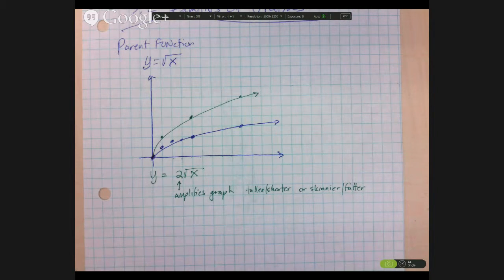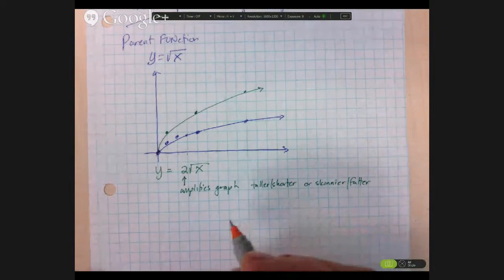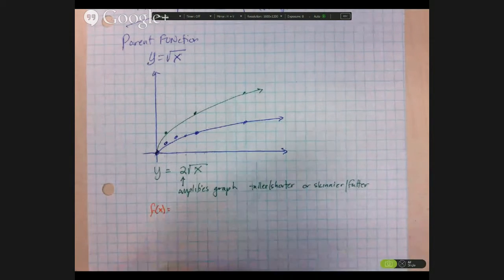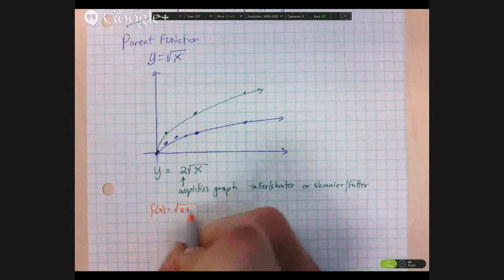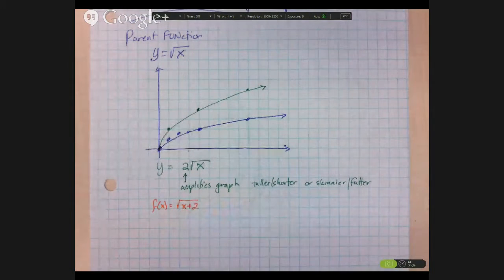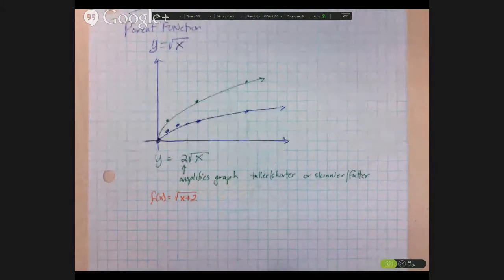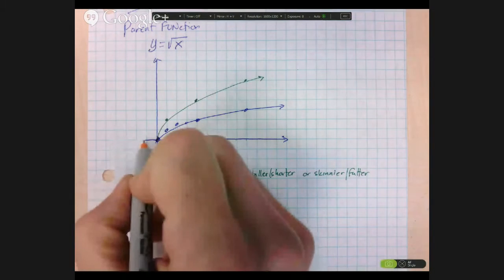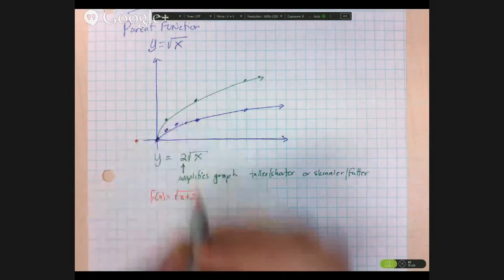What about something like this? What if I do that? Do you guys remember what that would do? It's the square root of x plus 2. Okay, it's inside the square root, so it's going to move it left or right? Left.